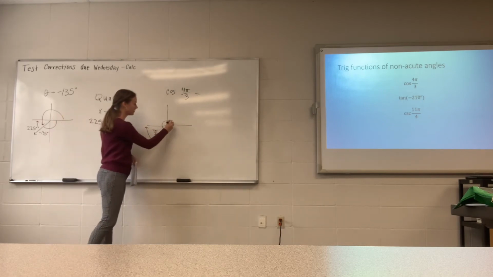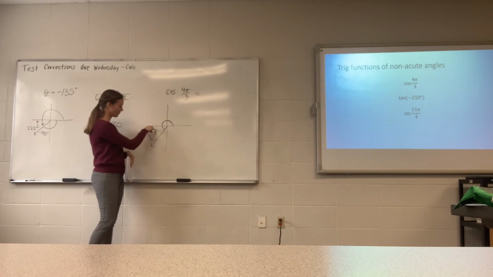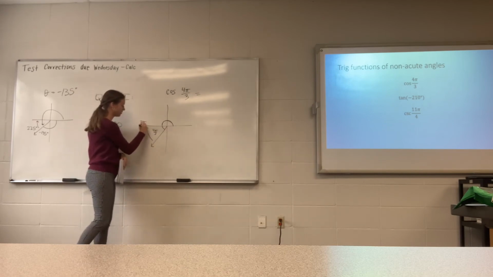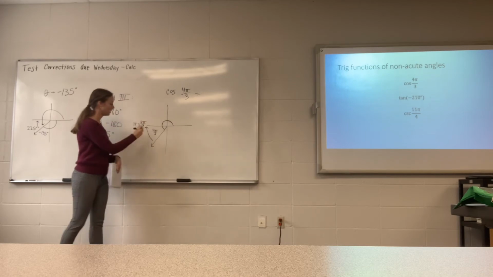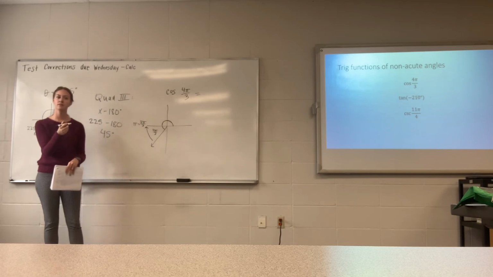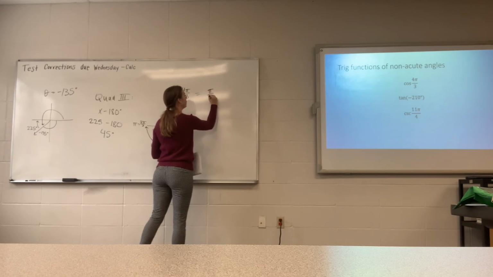Then I had to go 1 more to get to 4. So to go back to my x-axis, where I was at 3 pi over 3, which is equal to pi, I need to go back just 1 pi over 3. So my reference angle is pi over 3.